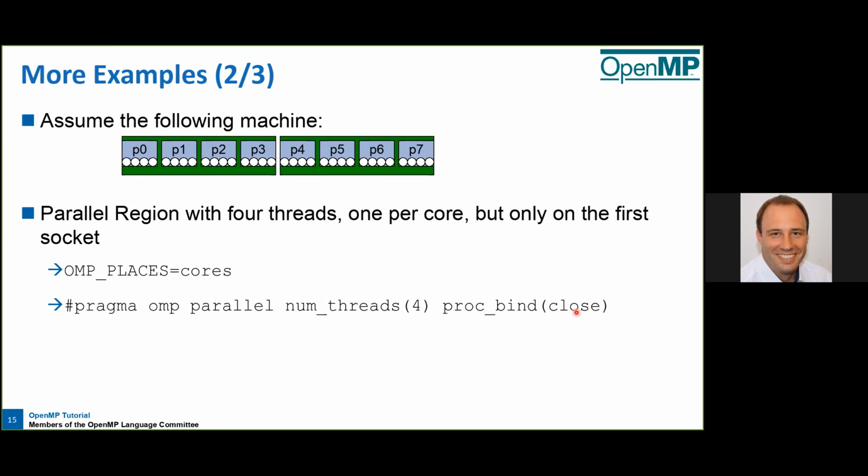If we have more places than threads, we'll first fill up the places before a second thread is put into each place. If we have only 2 cores per socket, then this example would not work. Then we would have to come up with a different solution.